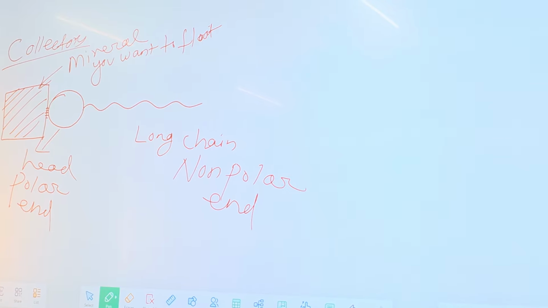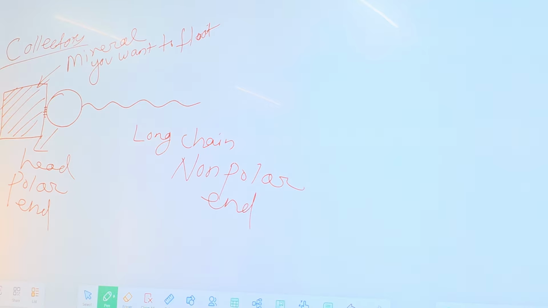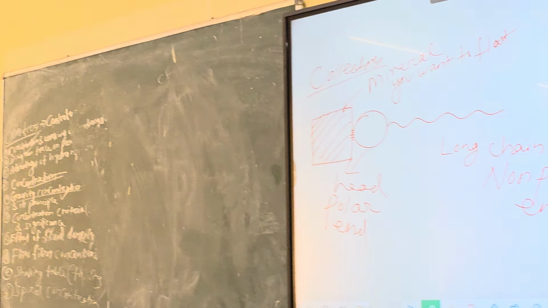One is the head and one is the tail. This is very interesting. The collector has two parts: one is polar and one is non-polar.